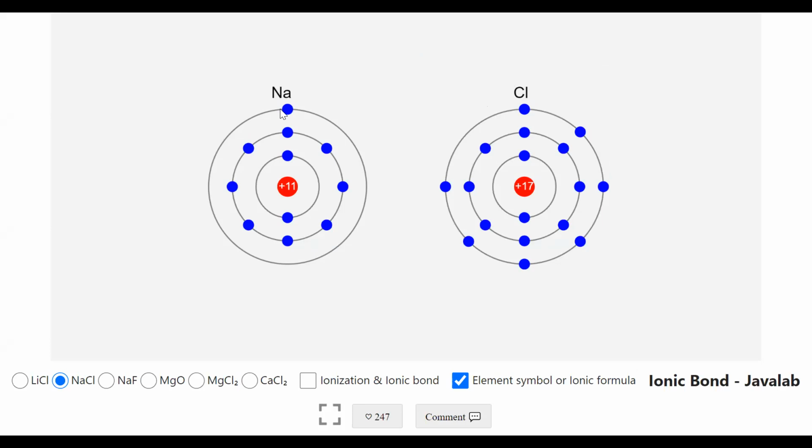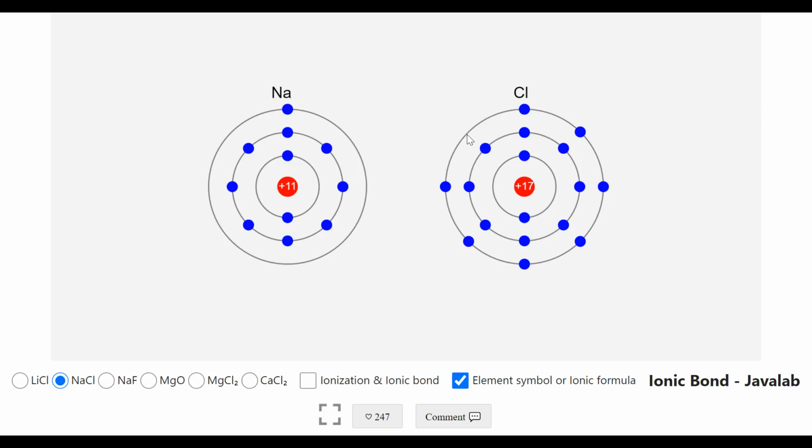And remember, if you watched the video on cations and anions, when the valence electrons are less than 4, the atom will lose all of its valence electrons. If the valence electrons are greater than 4, it will gain enough valence electrons to make an octet or duplet, depending on the atom. So chlorine has 7 valence electrons, so it will need 1 to be stable.